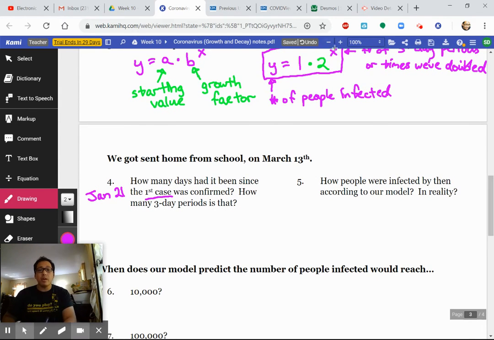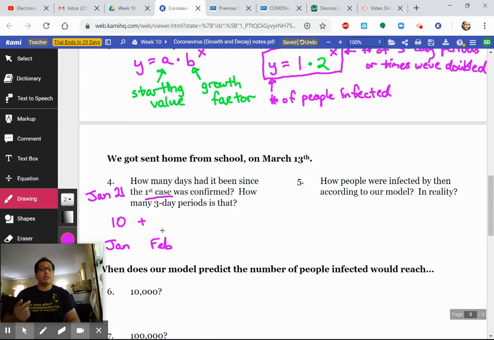I'm trying to figure out what number we plug in for x here, because we want to know how many people were infected based on that by the time we closed school. So how many 3-day periods is that? There were 10 days in January, plus how many days in February? How many days were in February this year?